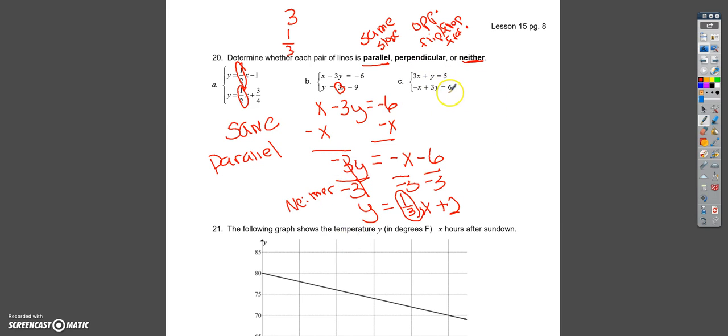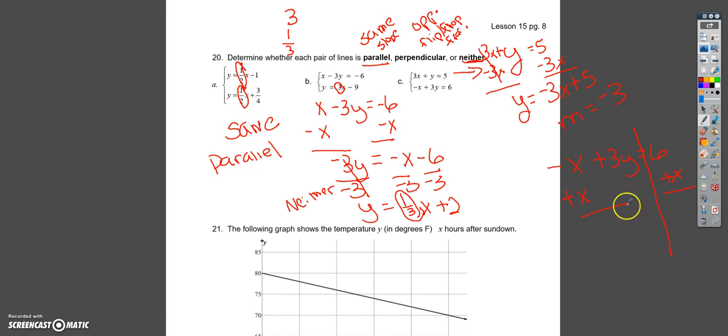So here we look at this one. Neither one is solved for y. So we're going to solve this one for y. 3x plus y equals 5. So we're going to minus 3x, minus 3x, which gives us y equals negative 3x plus 5. So this slope is negative 3. This one, let's solve it for y. I'm going to add x and add x.